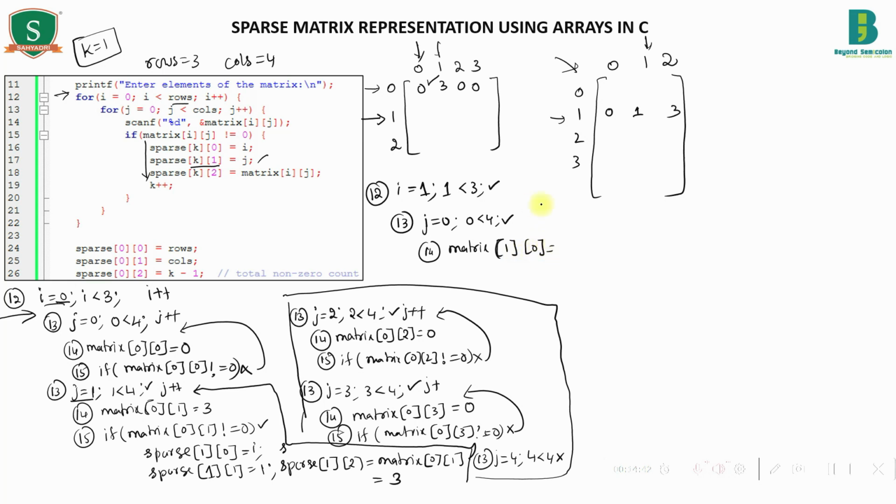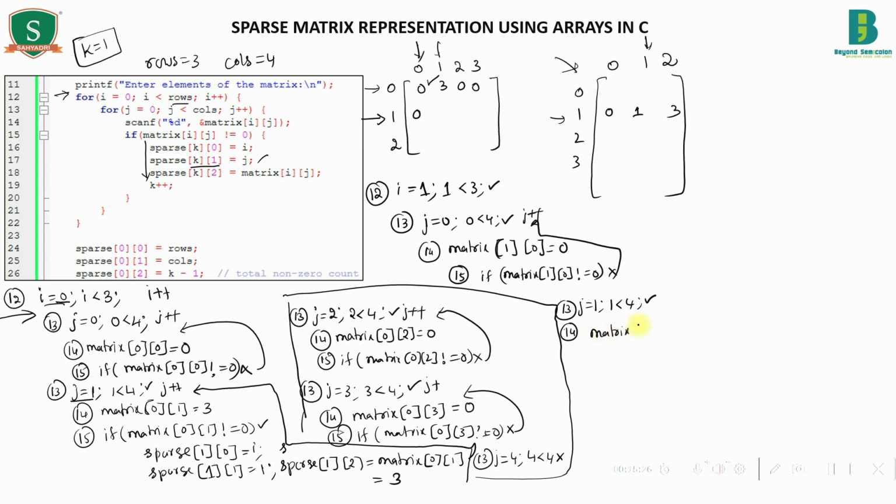If I assign the value 0 to it, then in the first row, 0th column, 0 is assigned. 15th statement: if matrix of 1 comma 0 is not equal to 0, the condition failed. It goes back and updates the j value, j plus plus. Again the 13th statement gets executed. J is equal to 1, 1 less than 4, the condition is true. It goes to the 14th statement.